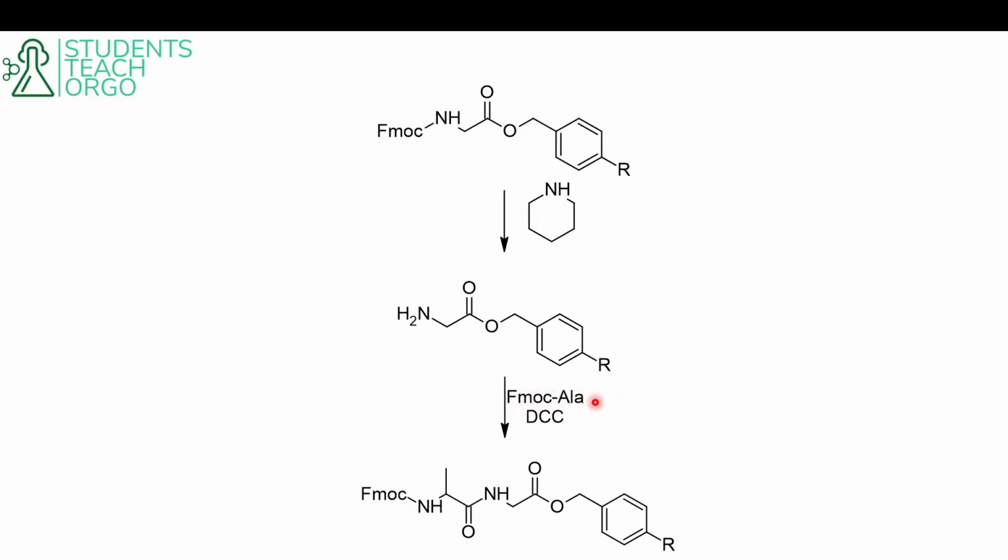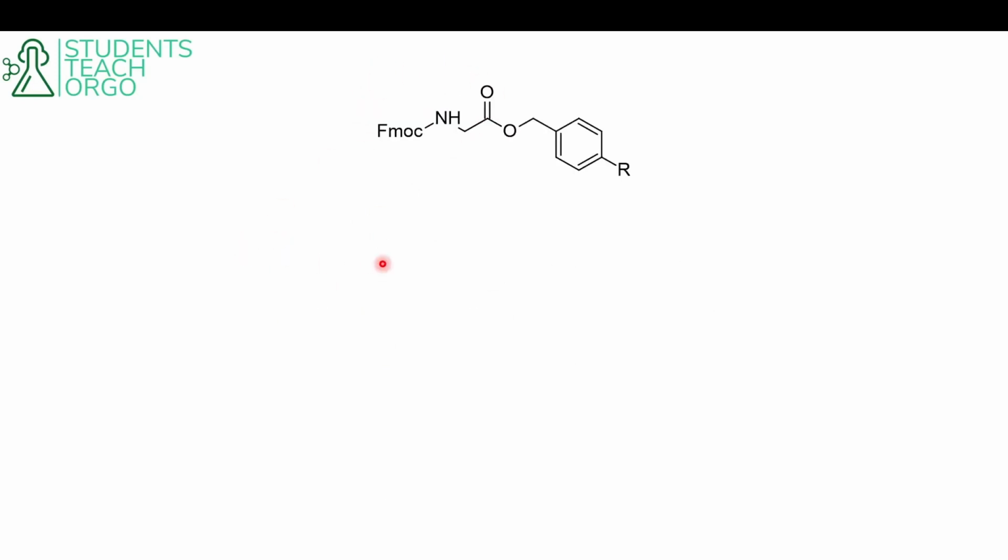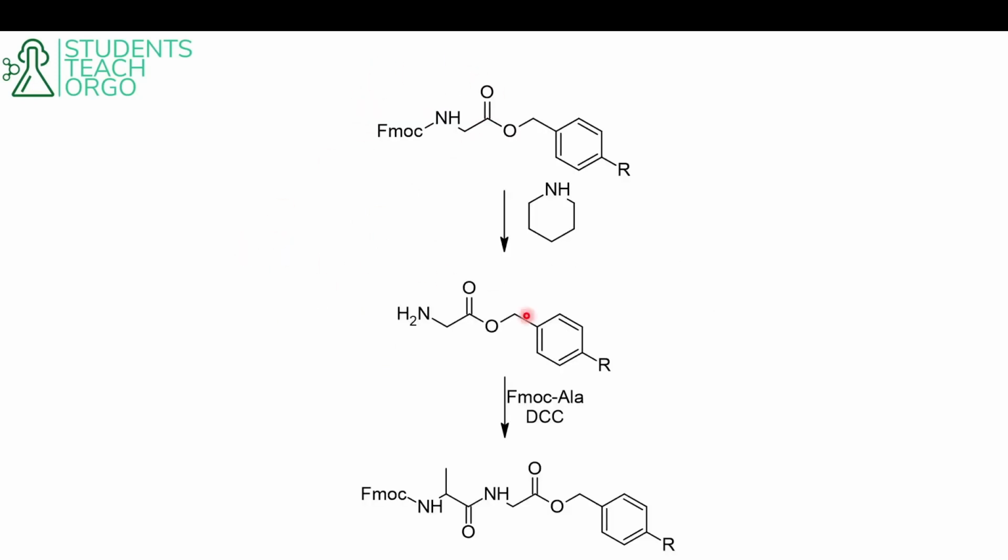Say we want to add alanine now to the N terminus. We use FMOC alanine, which we make the same way that we made this FMOC glycine. We just take free alanine and add FMOC to it. Then, using a coupling agent, that will facilitate peptide bond formation between the FMOC alanine, which is this part over here, and the free amine of the glycine that's bound to the solid phase.